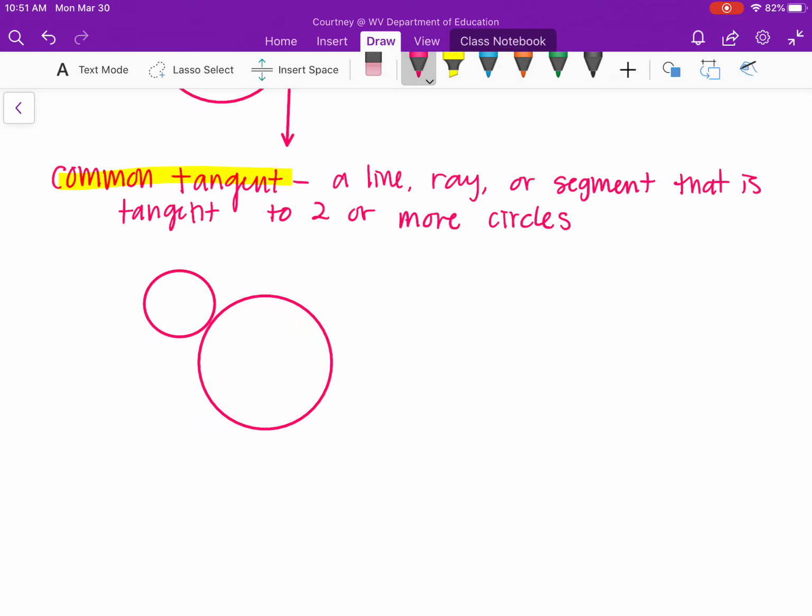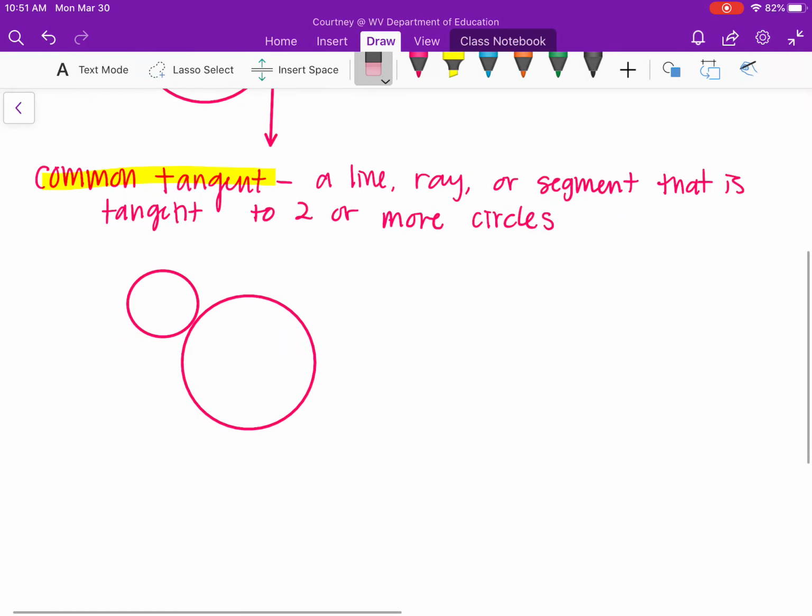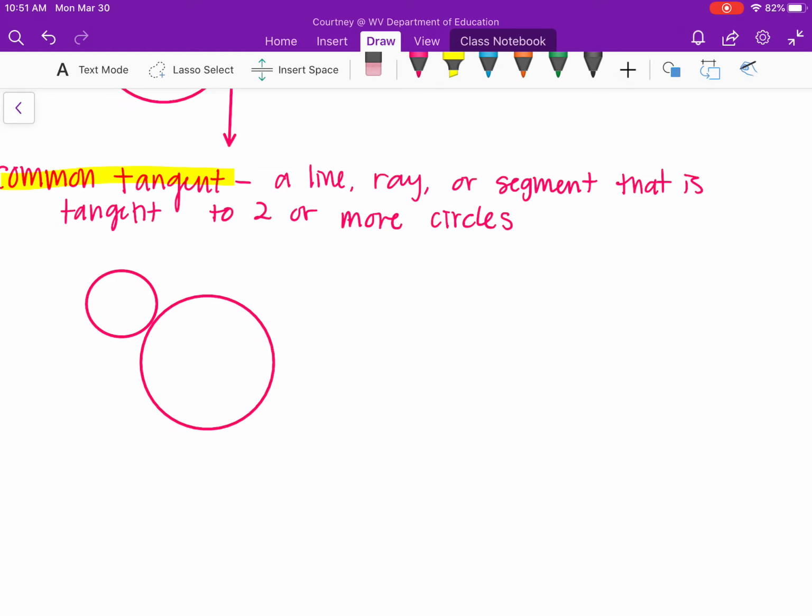All right, and our question is like, how many common tangents do these two circles have, if any? Okay, so let's see how many lines these have in common. Remember, it has to touch both circles at only 1 point. Maybe I can just draw it myself. So it touches the first one, and it touches the second one.